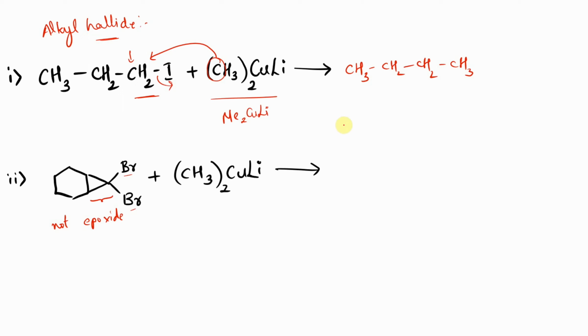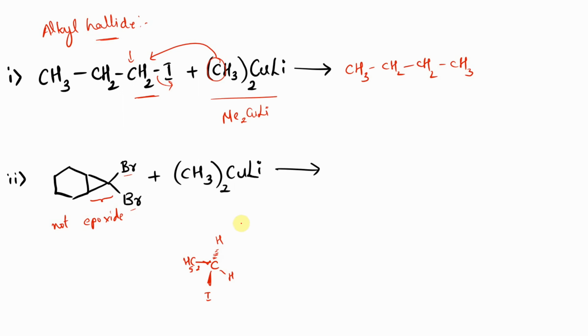Since the group is attacking from the opposite direction, if you write the three-dimensional structure, let us say C, H, I, H, and we'll take the C2H5 over here and the H like this.